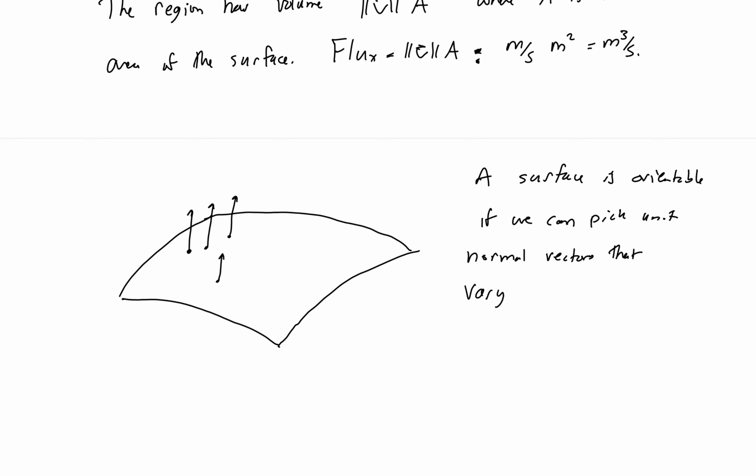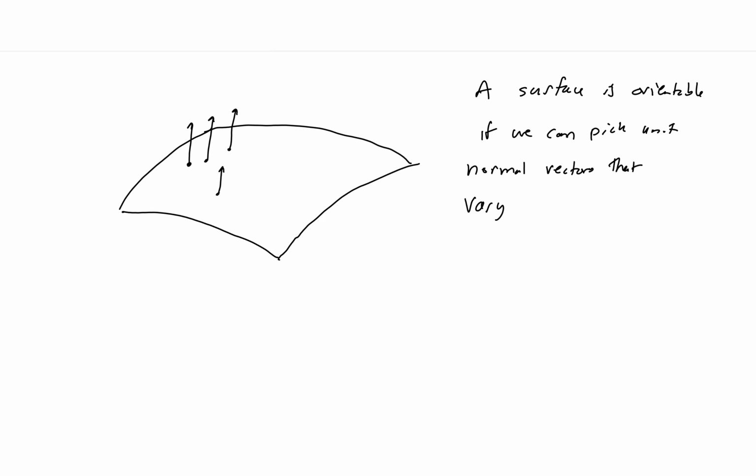So all the surfaces we're going to talk about are orientable, and we'll always choose an orientation. Now, not all surfaces are orientable, so if you're familiar with a Mobius strip, that is not orientable. So for us, it's always going to be just choosing unit normal vectors that all go in the same direction.